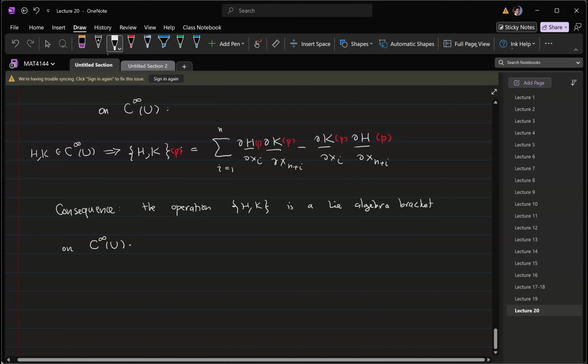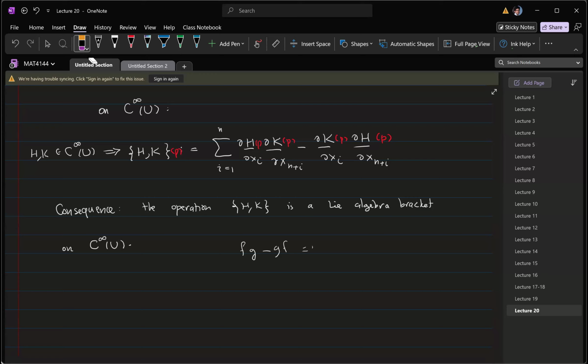Note that if I take two functions, I could not just do fg minus gf, because that would just be zero. That would not be an interesting bracket. But this is now an interesting non-trivial bracket, and it connects to this concept of Lie derivative in this fashion. Here ideas are coming from symplectic geometry. And this bracket has a name. This is called the Poisson bracket of functions.